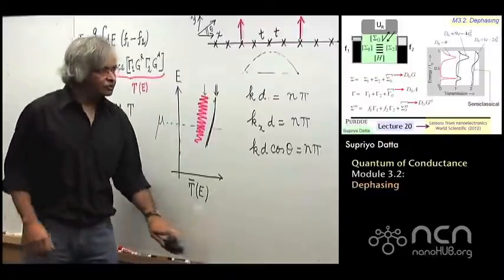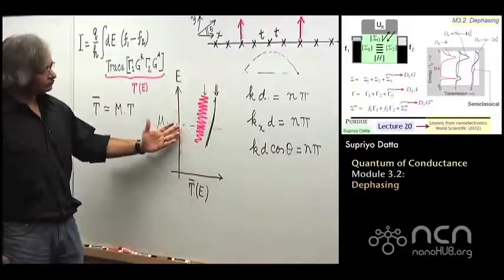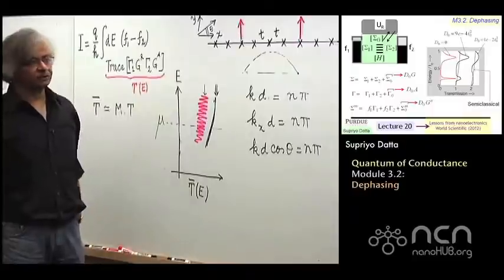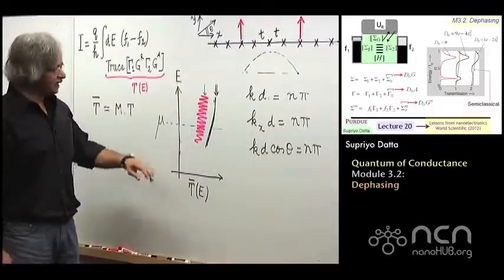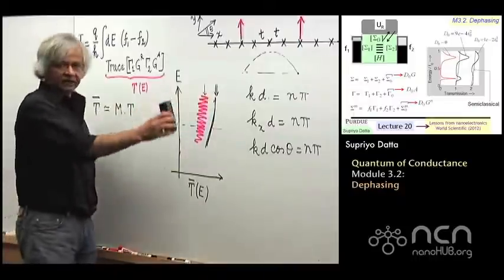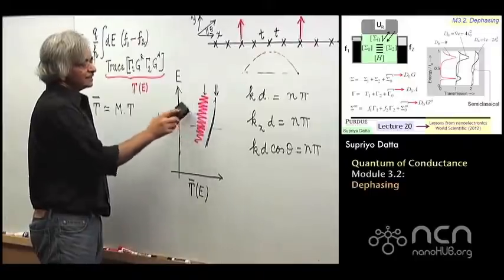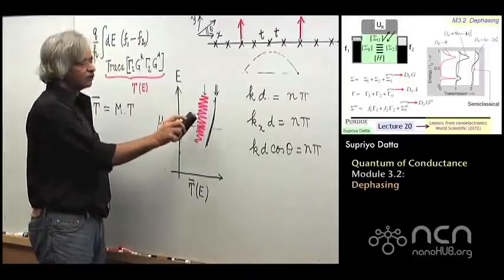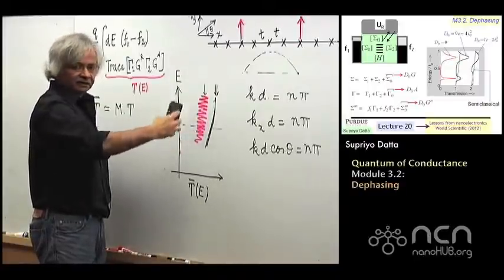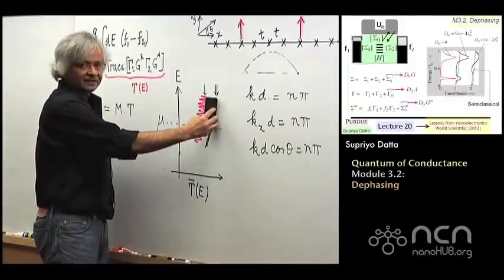Okay. Now, one question that comes up is, how can we include this dephasing effect into the equations that we talked about, such that you'd be able to incorporate dephasing in our calculations, so that when you do the quantum calculation, you wouldn't necessarily get this, which comes from ignoring dephasing completely, but you could gradually in your models turn on more and more dephasing and get the semi-classical result.